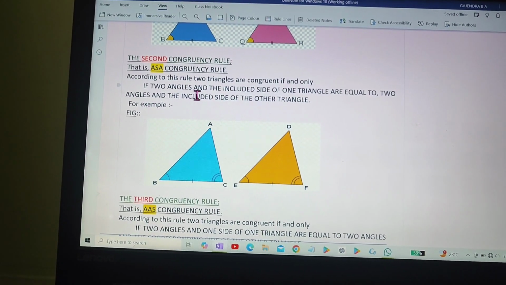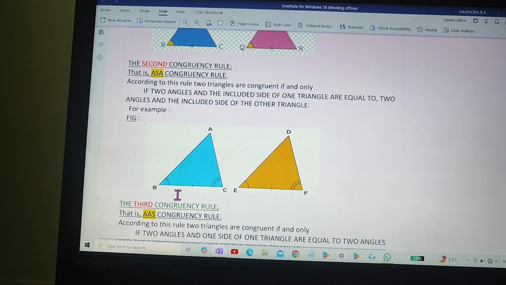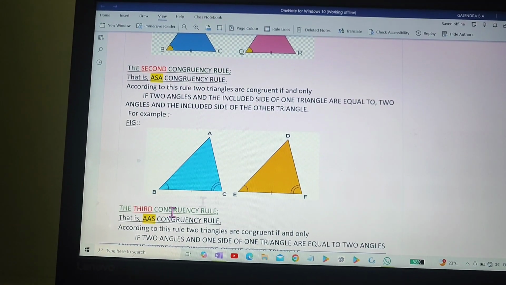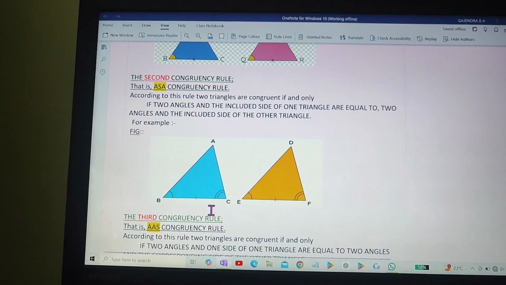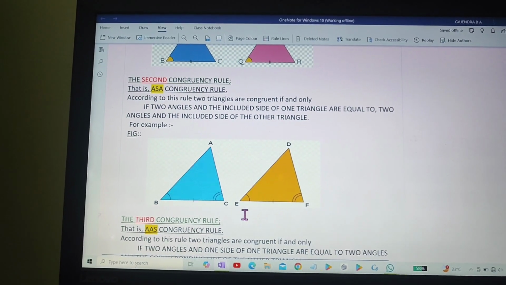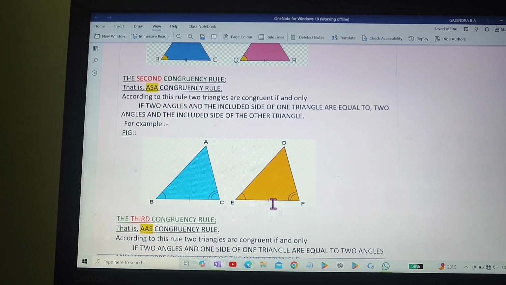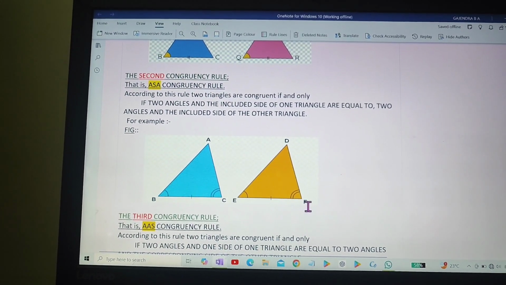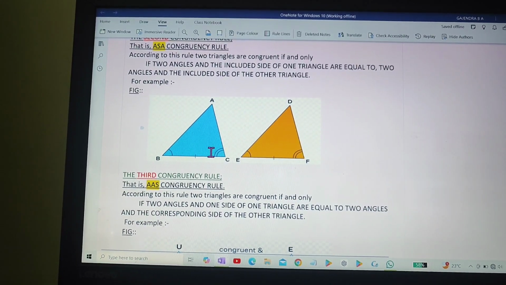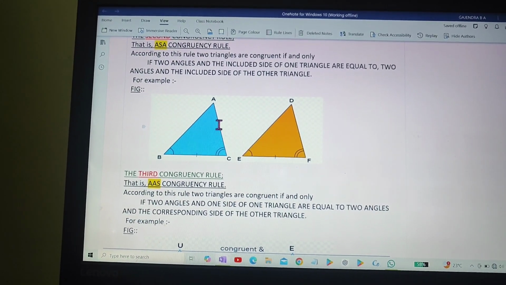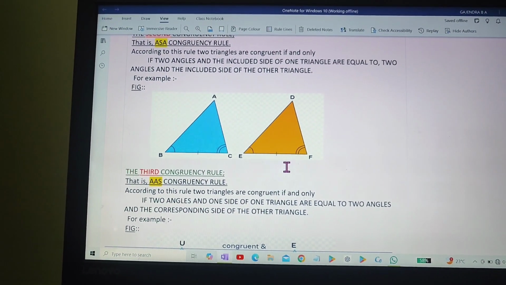It means that in this triangle, angle B and angle C are the two angles on the side BC, and in the other triangle we can see angle E and angle F, and the side is EF. By this rule we can say that triangle ABC and triangle DEF are congruent.